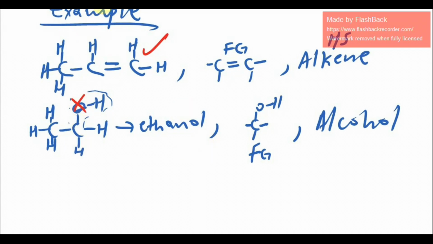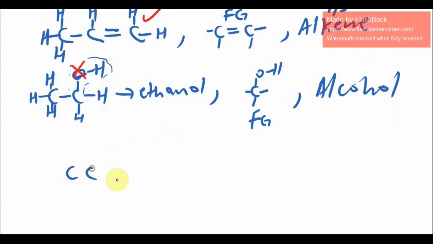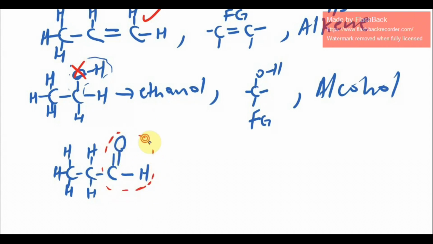Last example. 1, 2, 3. Hydrogen, hydrogen, hydrogen. Hydrogen. Then we have a double bond O here. Then we have what? H here. Now, if you look at this one, this is the functional group that we know, right?